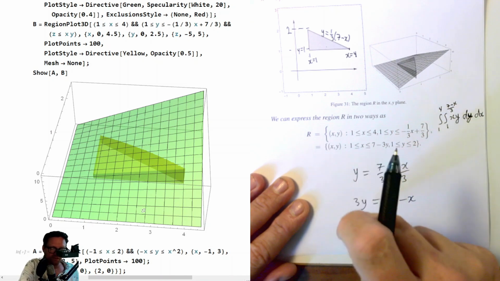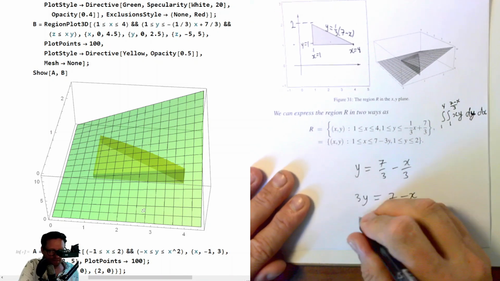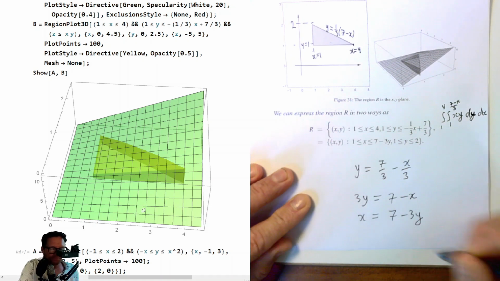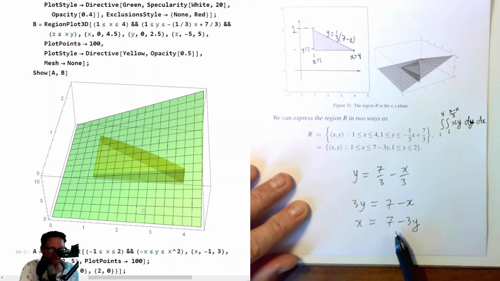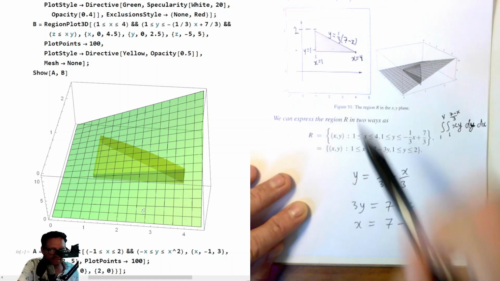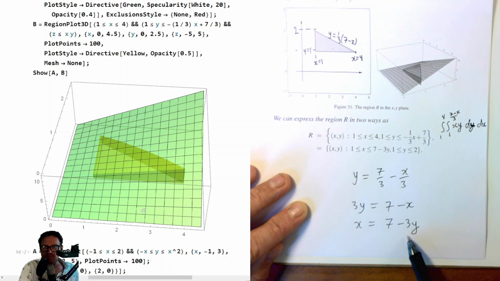Okay, then we take the x over and the 3y over, and we have x is equal to 7 minus 3y. So here, in terms of x, we have x between 1 and x is less than 7 minus 3y.